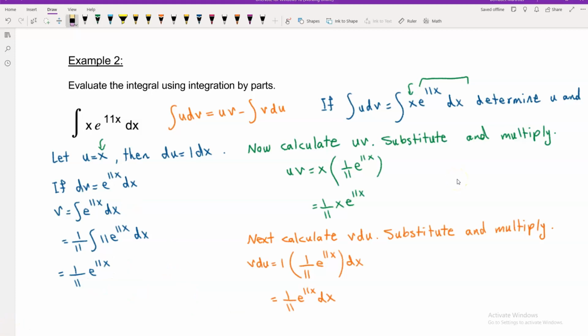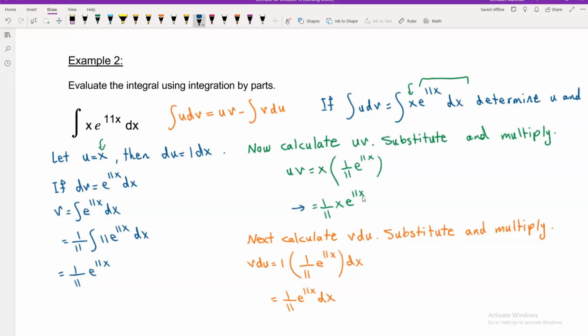Next step, find u times v. Our u is x and v is 1 over 11 times e to the power 11x. So this is 1 over 11 times x times e to the power 11x.